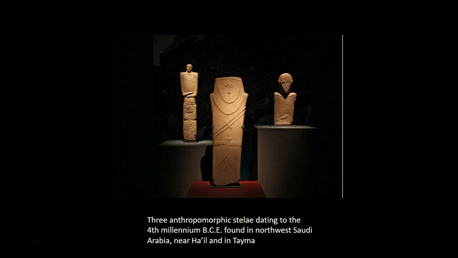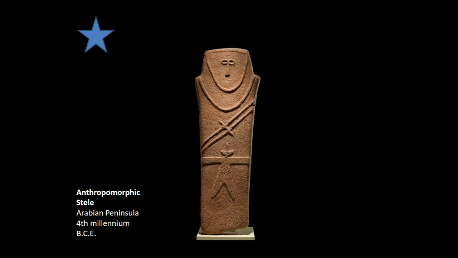With this in mind, how are we to interpret the Hal stele, one of the Arabian Peninsula's earliest known artifacts? So we're going to return to this particular one, and this is the one that you have to know for the AP College Board exam.